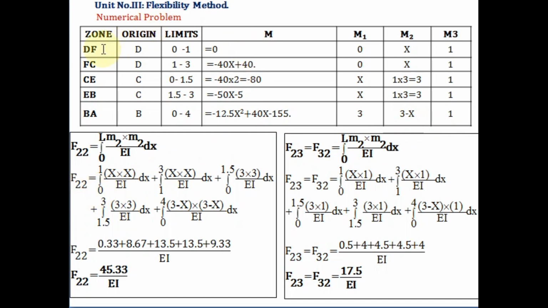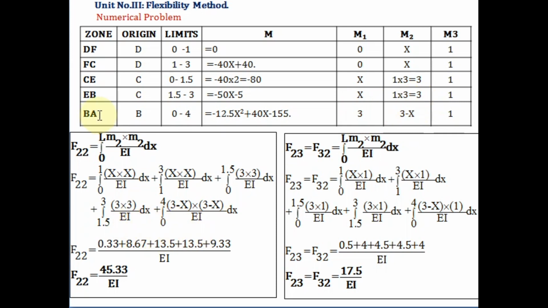So first for the first zone DF, the limit is 0 to 1, x multiplied by x. Then for the next zone FC, the limit is 1 to 3, x multiplied by x upon EI. Then for the next zone CE, the limit is 0 to 1.5, 3 multiplied by 3. Then for zone AB, the limit is 1.5 to 3, 3 multiplied by 3 upon EI into dx.